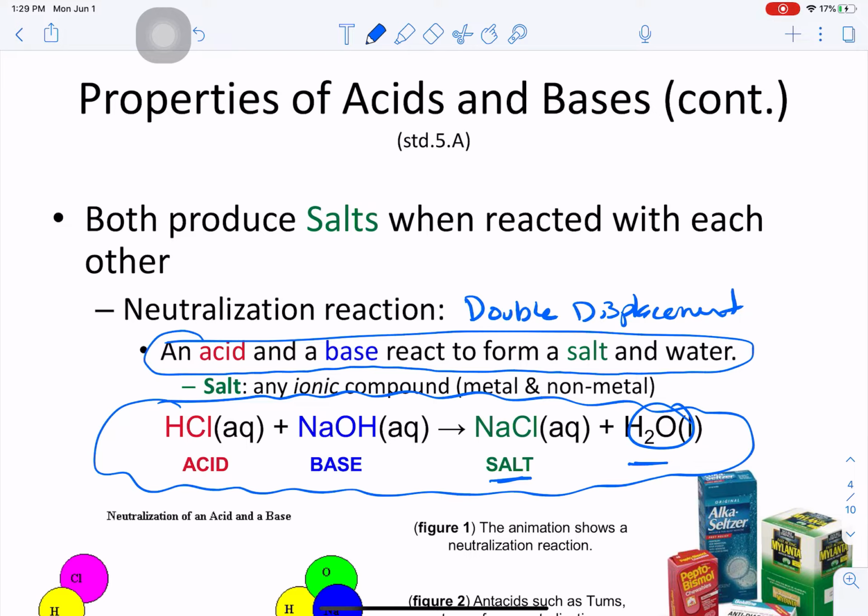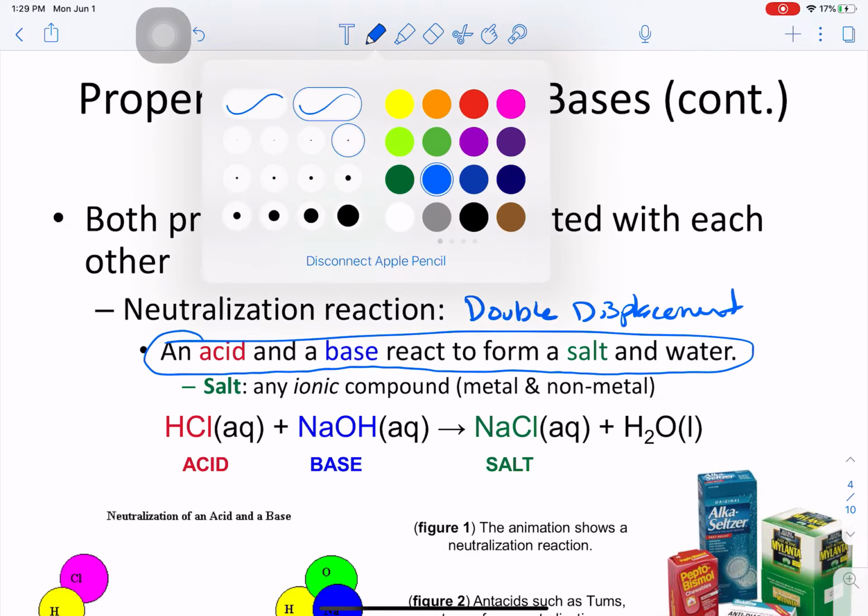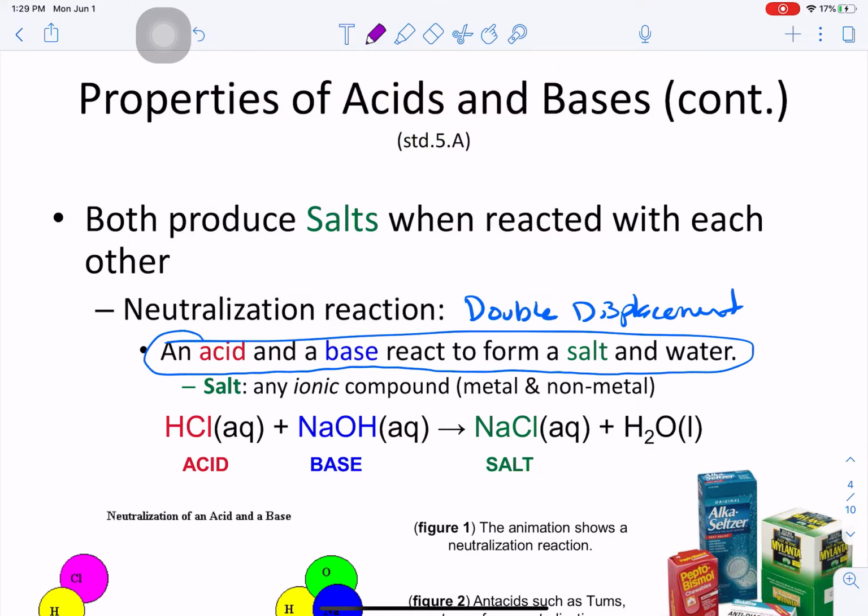Well, if I told you it's a double displacement reaction, we know, and let me clean this up a little bit so you can see what I'm talking about. I'm going to use a different color. Let's use purple. Remember, H will replace here, boom, and then the Na will go with the Cl. So that's why HOH, that's water.